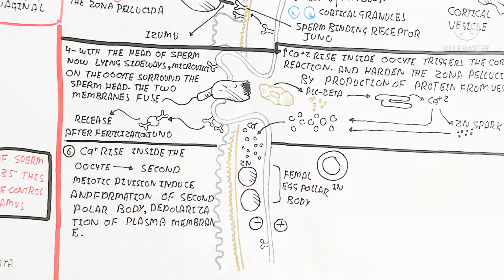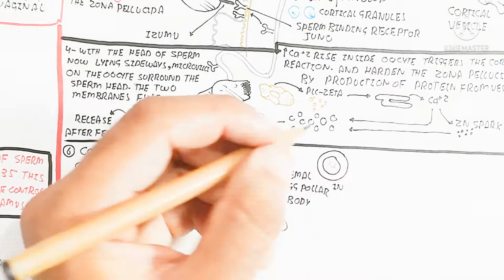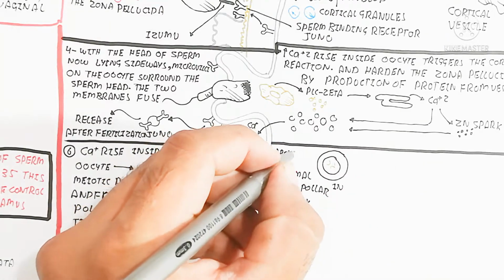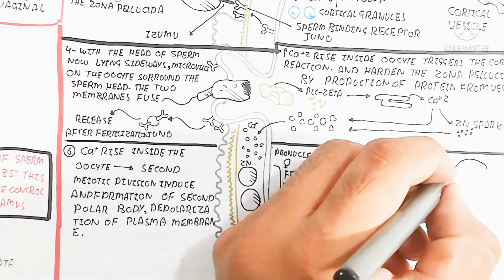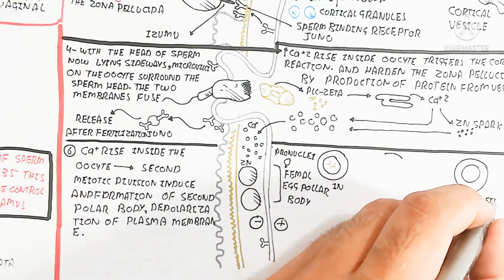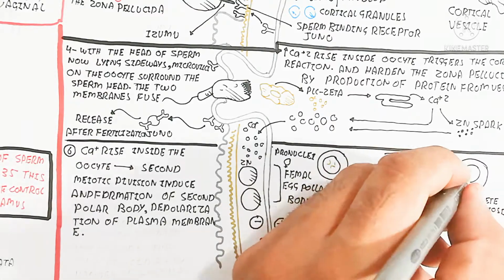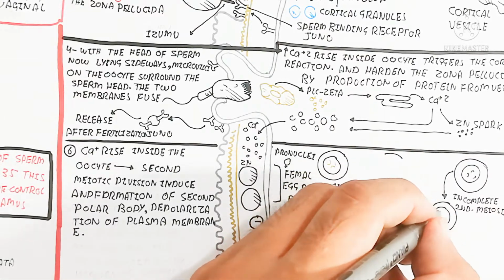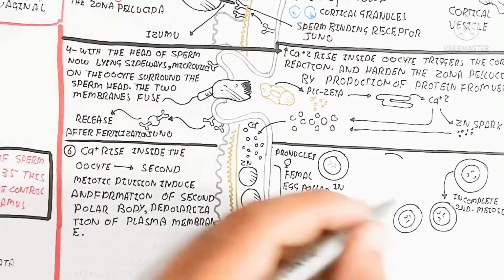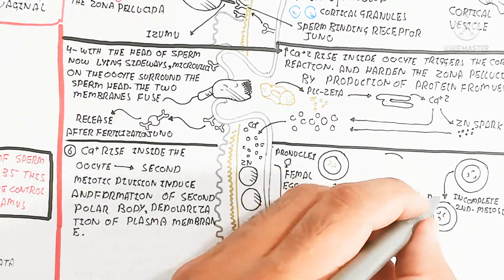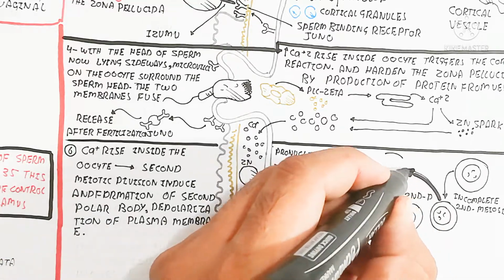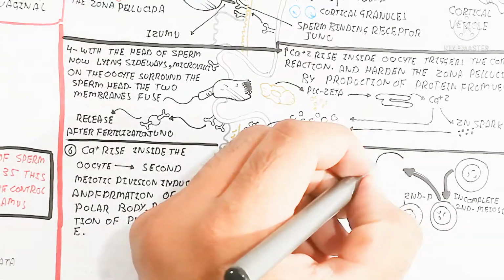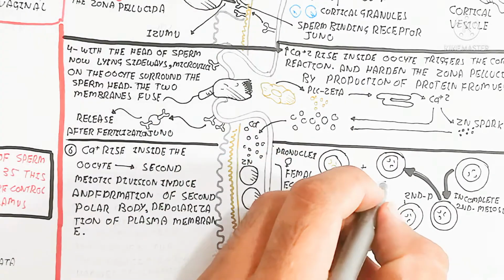So these two polar nuclei will be formed after the second meiotic division. The second meiotic division will produce a second polar body, and the two polar bodies will be deposited in this site. After the deposition, you can see that the incomplete second meiosis will be completed and produce one more polar body, which is deposited between the vitelline and plasma membrane.